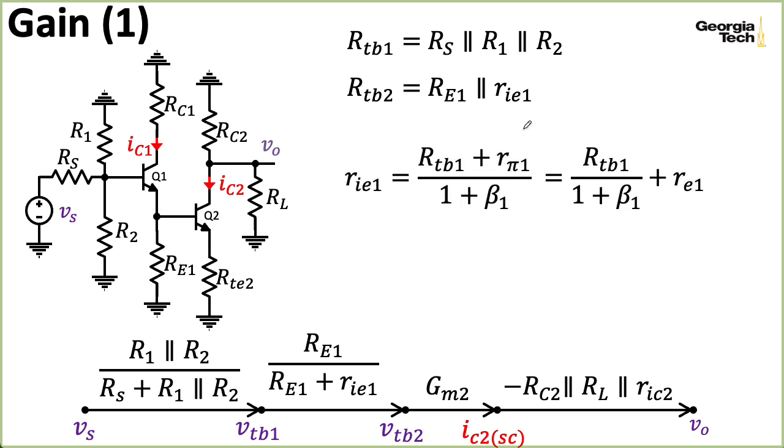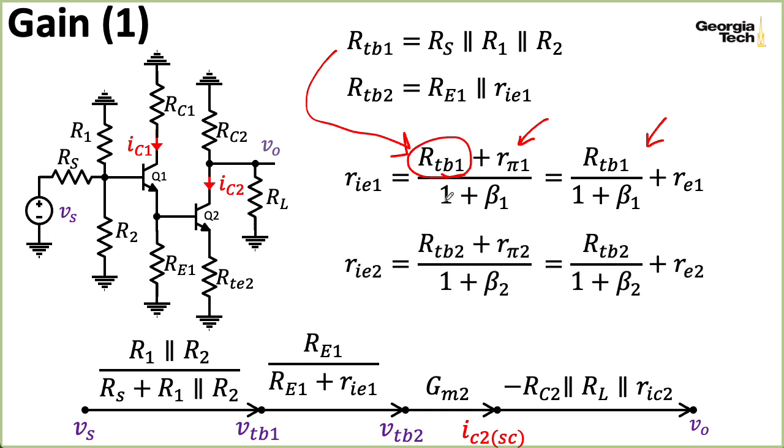And RIE1 can be expressed in terms of two different formulas. And notice RIE1 needs RTB1, so you can compute that and plug that in here. And later we might also need RIE2, depending on which formulas we're using. And for that, you can take this RTB2 and plug it into here.